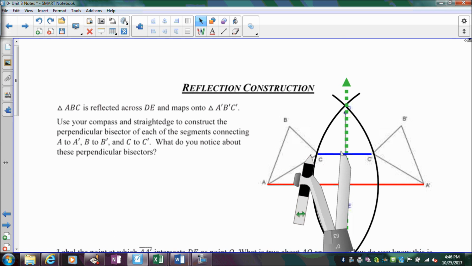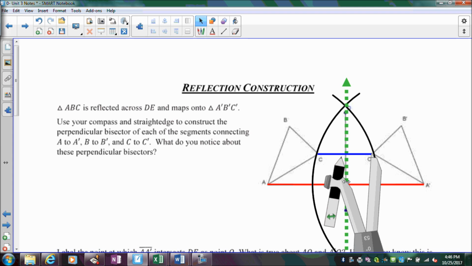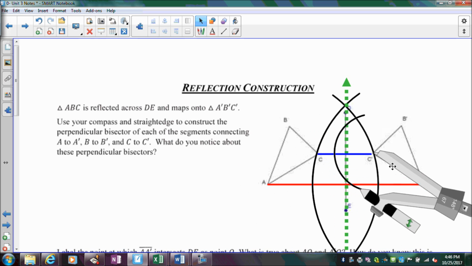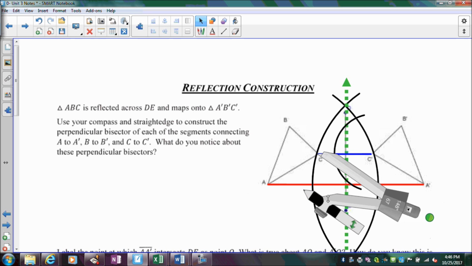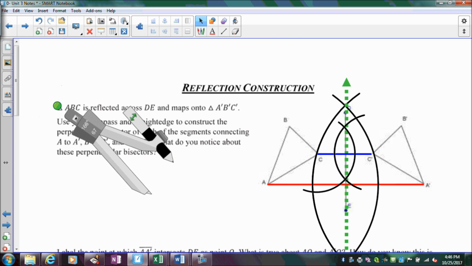I'm going to lock this in place because I keep moving it. Go to C, go more than halfway approximately, and draw your arcs. Go to the other point, draw your arcs, and you see that the line of reflection is the same. So the perpendicular bisector is the same.